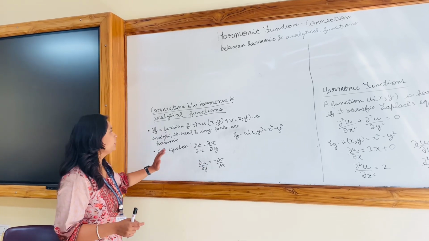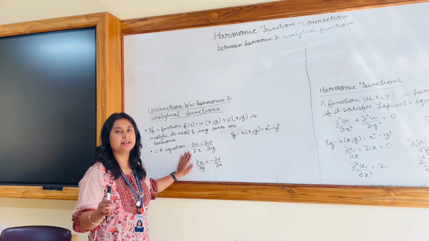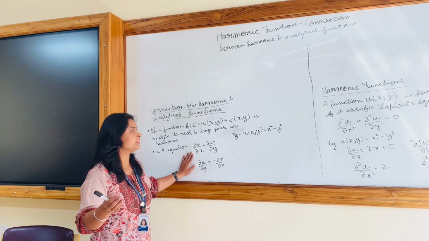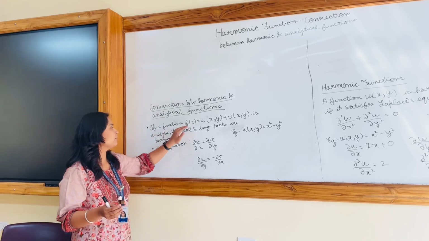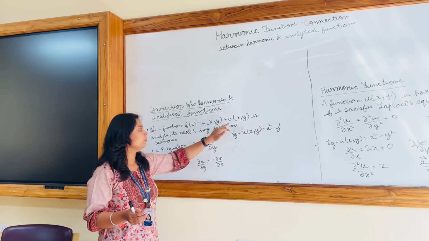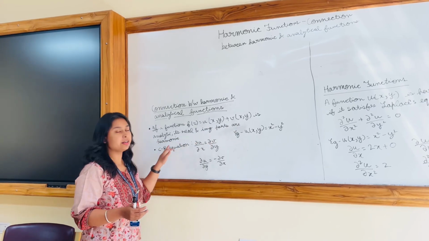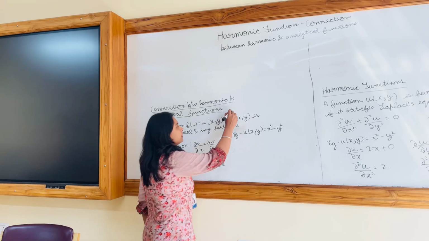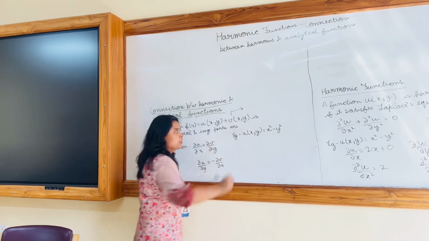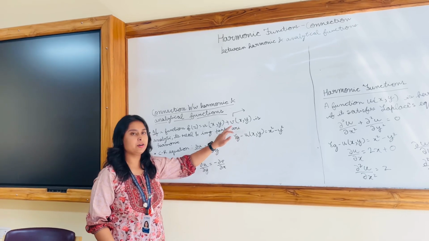To show the connection between harmonic function and analytical, we should know what harmonic conjugates are. If a function f(z) equals u(x, y) plus iv(x, y) is analytical, its real and imaginary parts are harmonic. We call v(x, y) the harmonic conjugate.